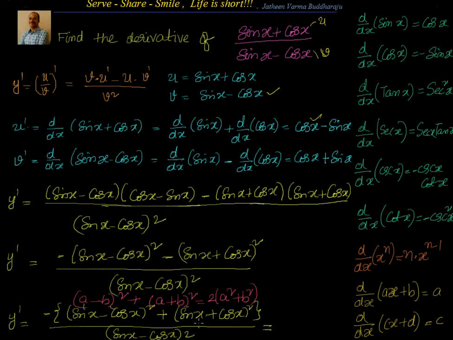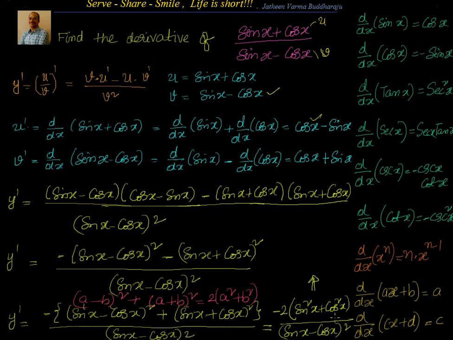Sin x minus cos x whole square plus sin x plus cos x whole square is equal to minus of 2 into sin square x plus cos square x, divided by sin x minus cos x whole square.